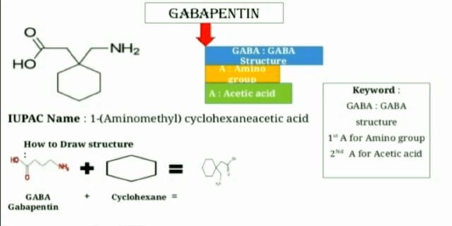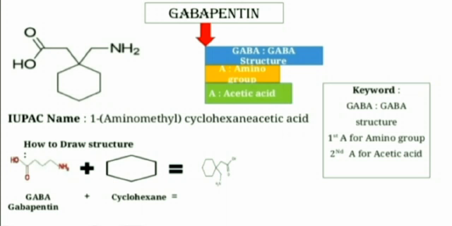The letter A in GABA indicates the amino group present in this structure, and the second A indicates the acetic acid present in gabapentine. The IUPAC name of gabapentine is 1-(aminomethyl)cyclohexane acetic acid.